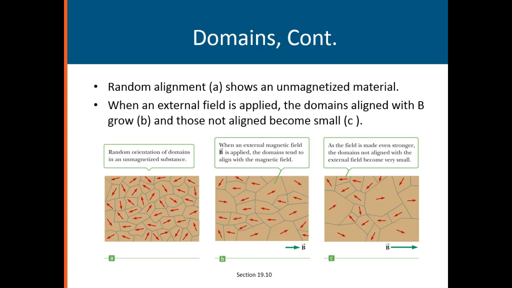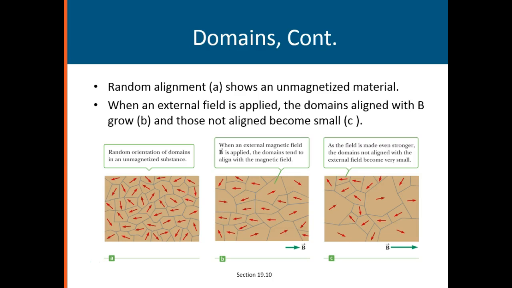In general, the random alignment of those domains shows the unmagnetized material. Every one of these domains is magnetized. Now this is true: these domains exist in iron, nickel, and cobalt. That's all. Okay? And in most iron, nickel, and cobalt, this is how the domains are arranged.